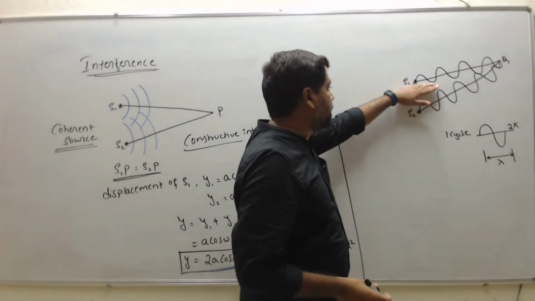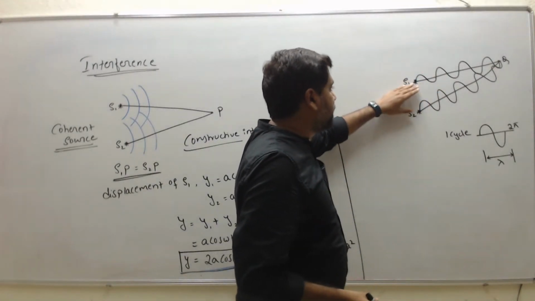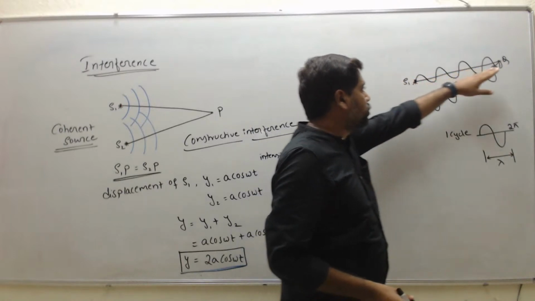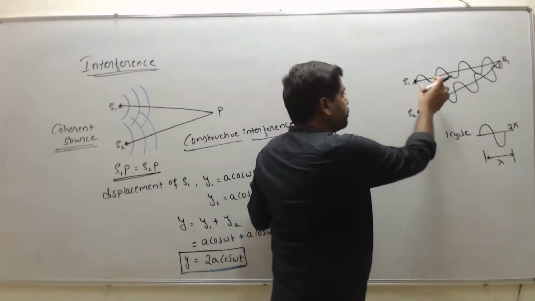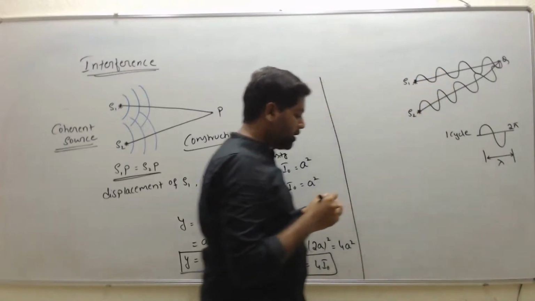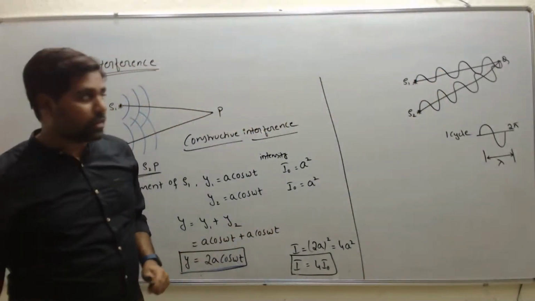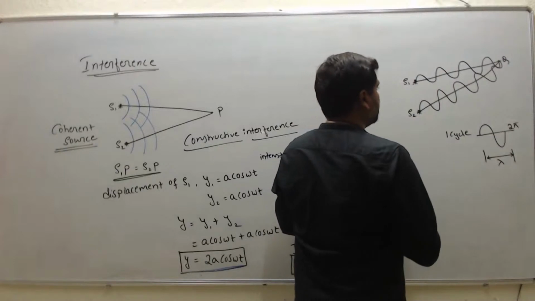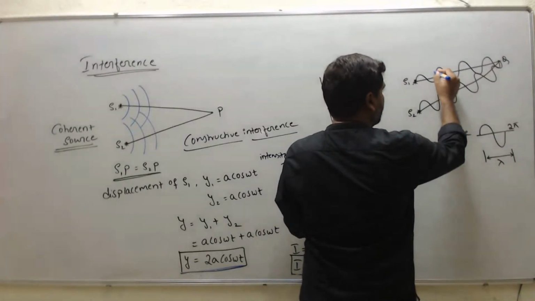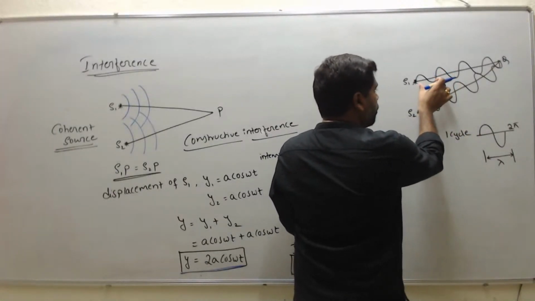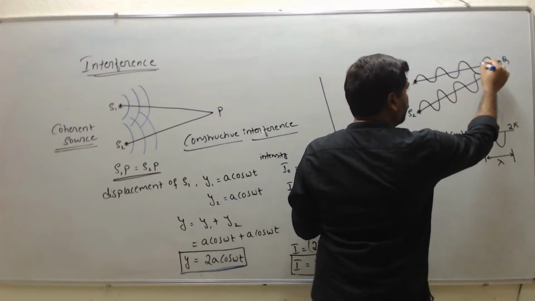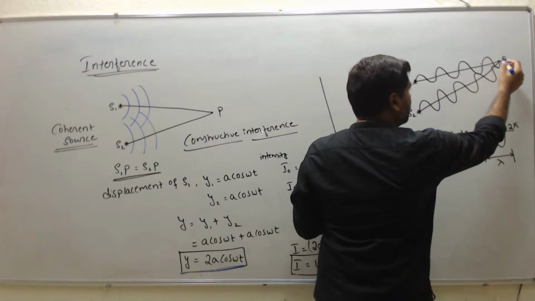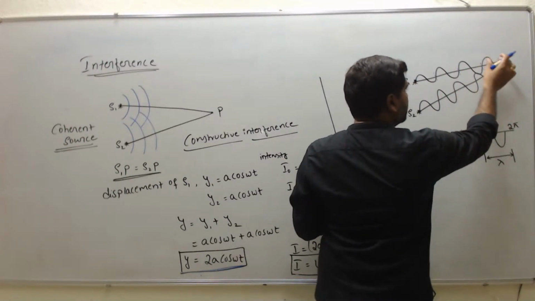If I consider the length of the wave from S1, this is 1 lambda, here it is 2, here 3, and here 4.